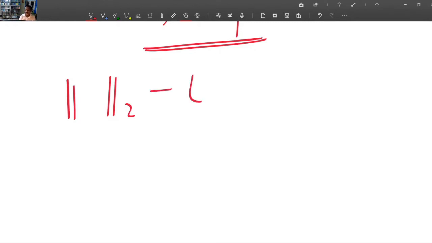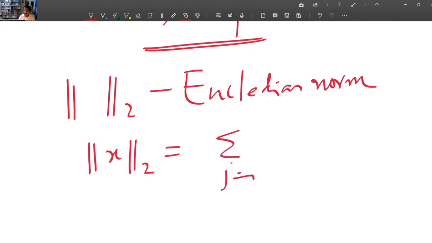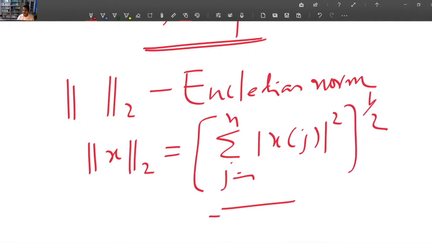It is defined like this: the norm of x for x belonging to Kn, the 2 norm, is defined as sigma j is equal to 1 to n x of j the whole square, the whole raised to 1 by 2. So this is known as the Euclidean norm.